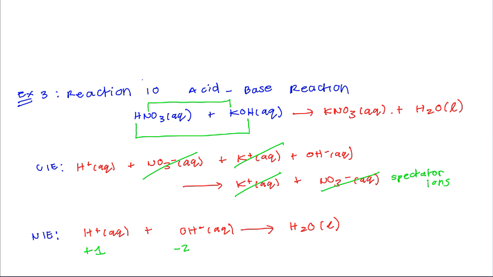That's what gives it the overall -1 charge. Let's also look on the product side. Oxygen has a -2 oxidation state, hydrogen +1 each to balance it out. So since our oxidation states are not changing for hydrogen or oxygen, this is a non-redox reaction.